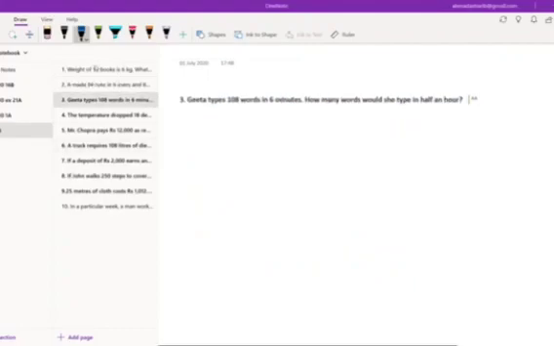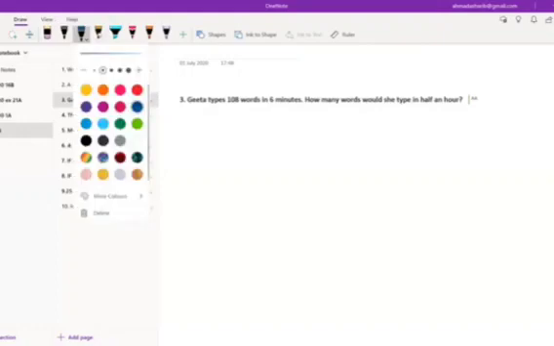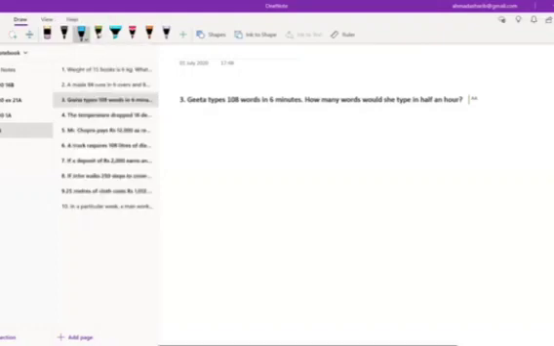Now, let us solve question 3. Geeta types 108 words in 6 minutes. So we can say that number of words in 6 minutes is equal to 108.